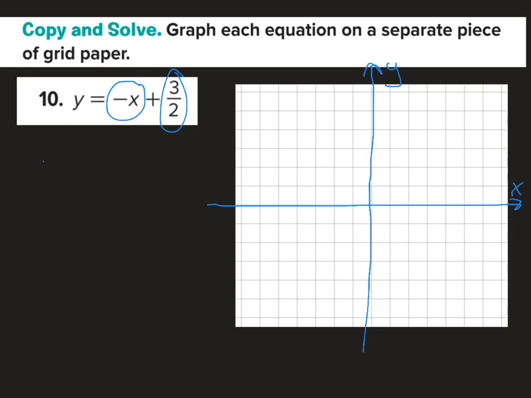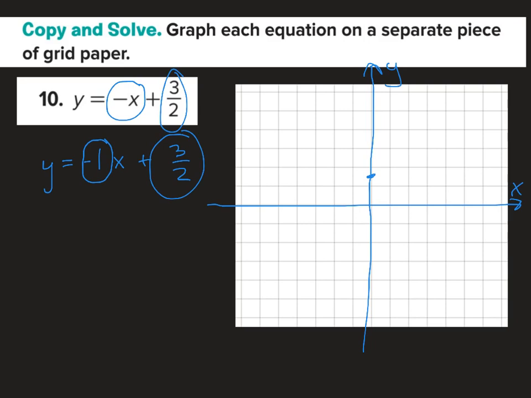I actually know that y equals negative 1x plus 3 over 2, also known as 1 1/2. So my slope is negative 1, and my y-intercept is 1 1/2. So I'm going to start at my y-intercept 1 1/2. So I know that it crosses at that point.